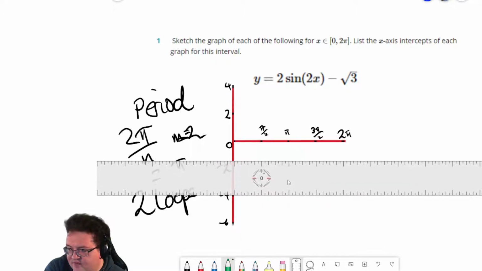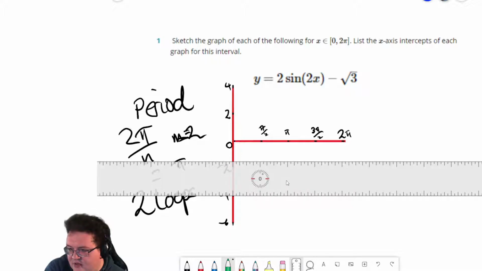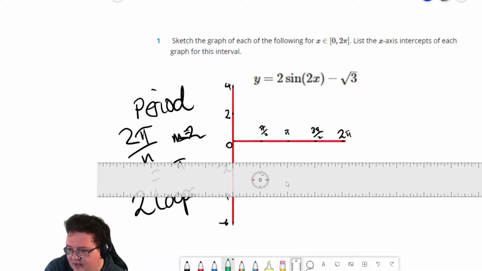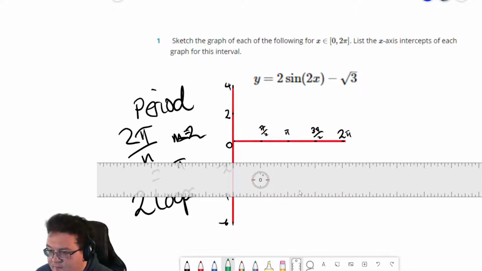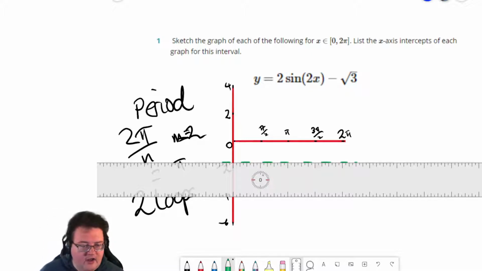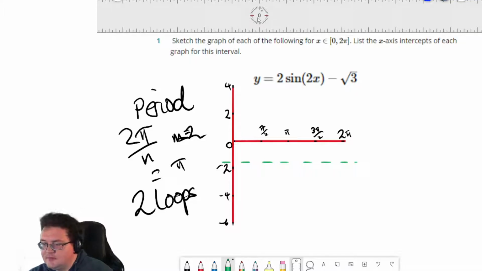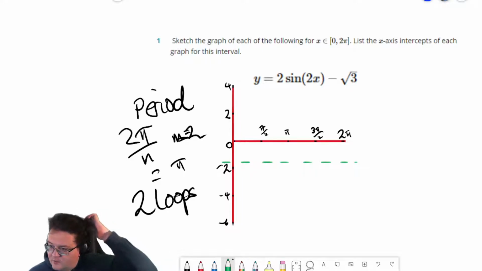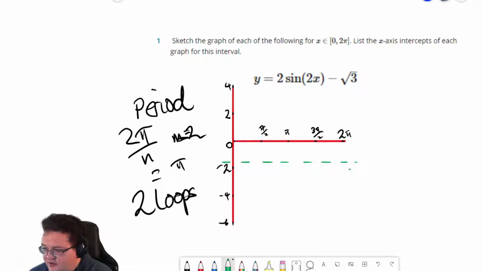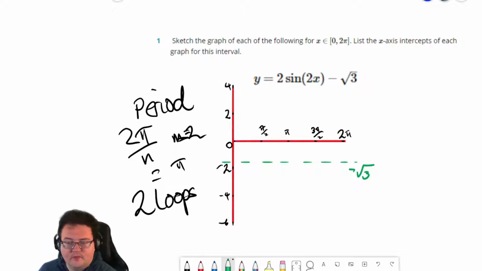It's about minus 1.73, so if I put it about there, I now have my center line. So this is negative root 3. So we've got that already.